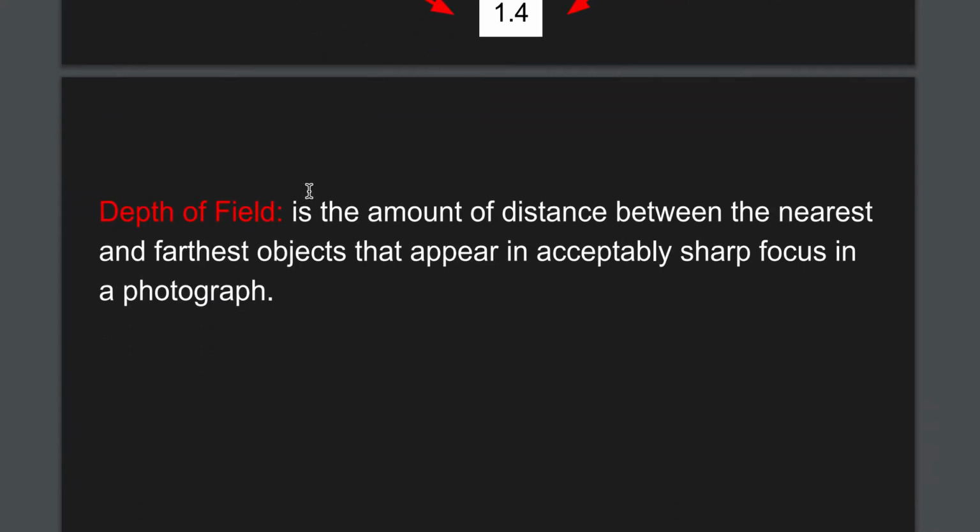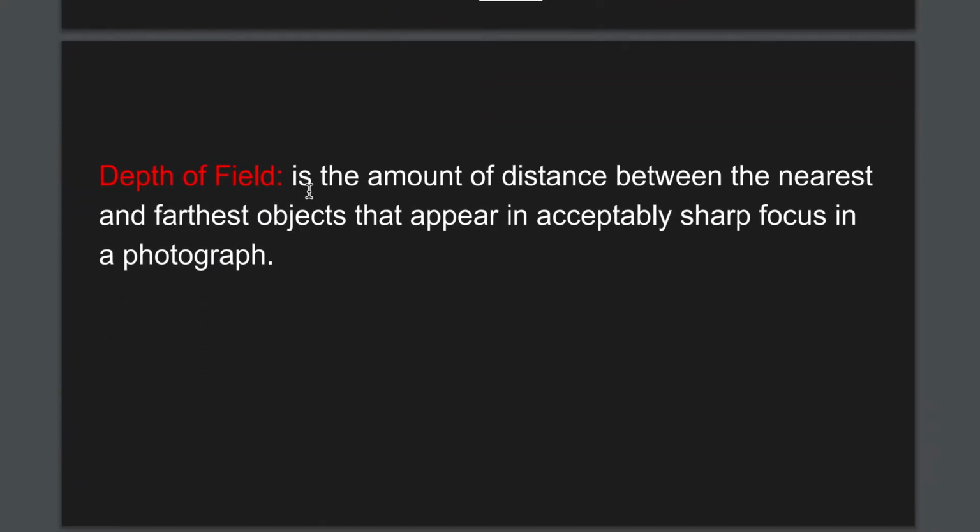So what depth of field is, just to clarify: depth of field is the distance between the nearest, the closest object, and the farthest object. Generally, it's sharp, clear, in focus, but we can also play with this aperture so it's not as clear, playing with the blurriness so we have more focus on the subject.